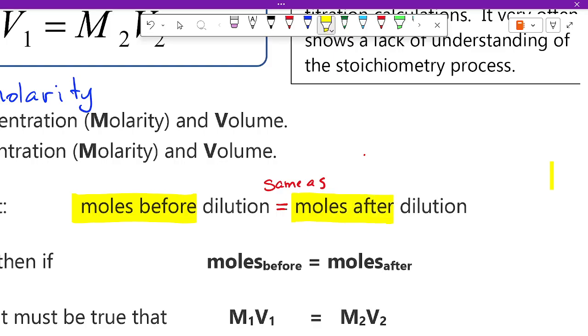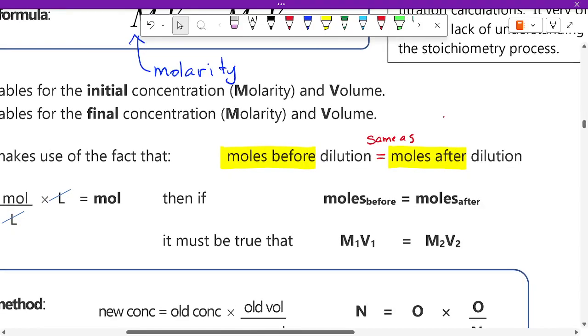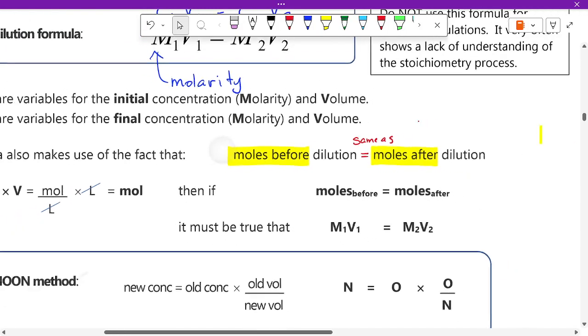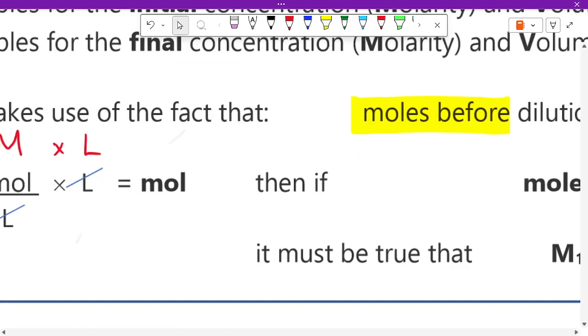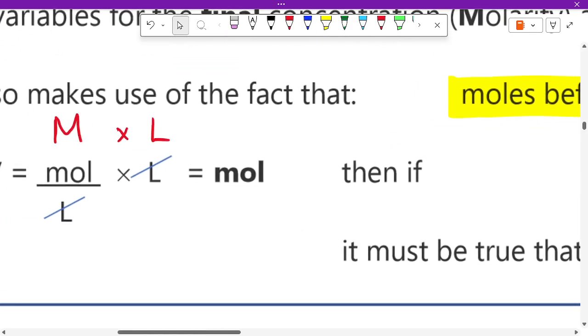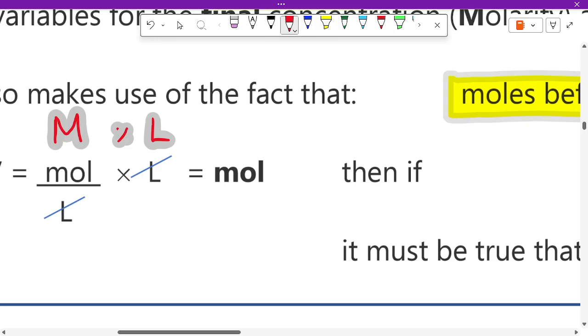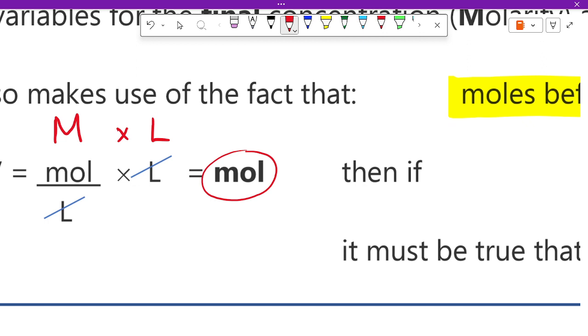And how do we find the moles? Well, if we take molarity and multiply it by liters, that's moles per liter times liter, we get moles, right? Or actually, I should say that's M times V. M times V gives us moles.